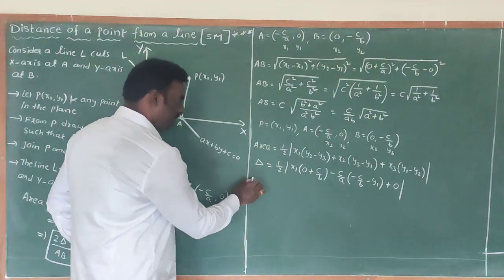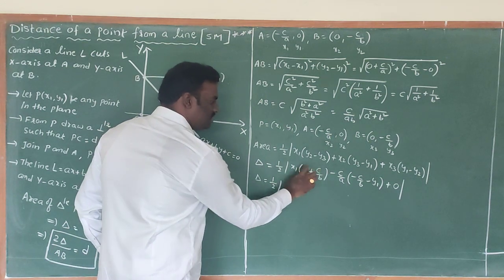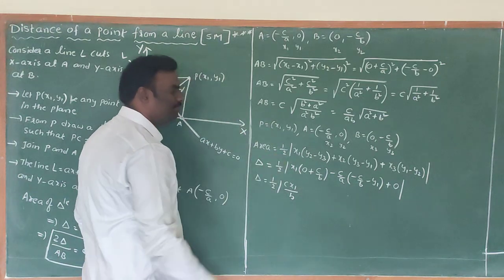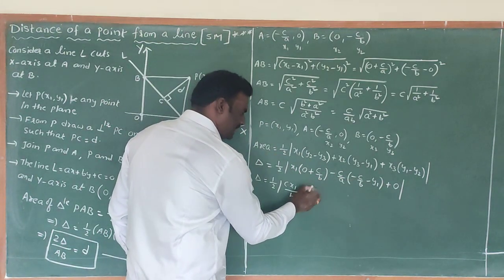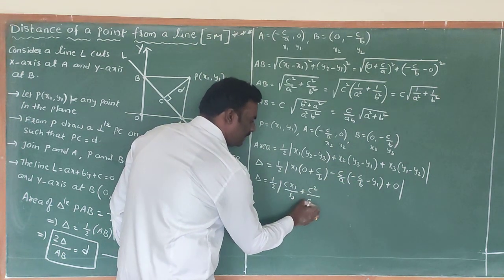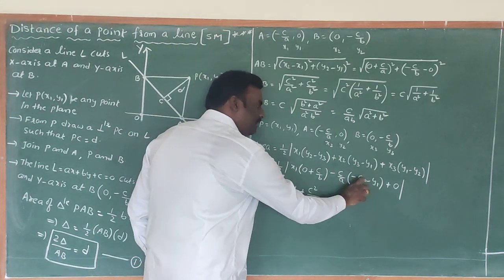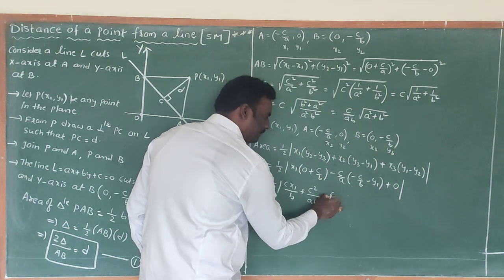Now simplify. Delta equals to half into modulus of c into x1, c x1 by b, minus of minus plus c into c, c square by ab. Again minus of minus plus c into y1 by a.